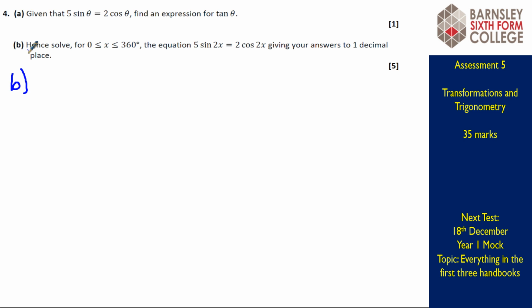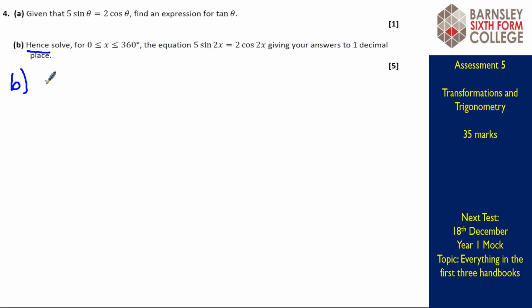So whenever you see this word hence, it should be a massive clue that what you did in part A is going to help you in part B. A lot of people went and tried to solve this again. I mean, you can, and you probably would have some success with that. But just look, the only difference here is theta has been replaced with 2x.